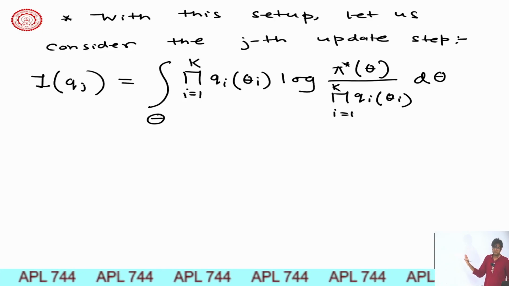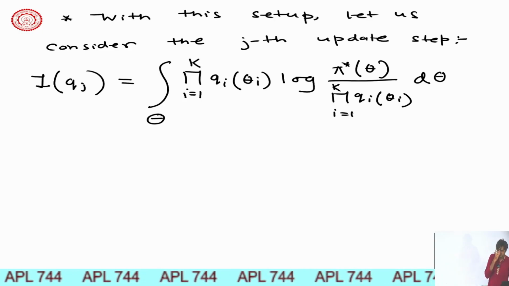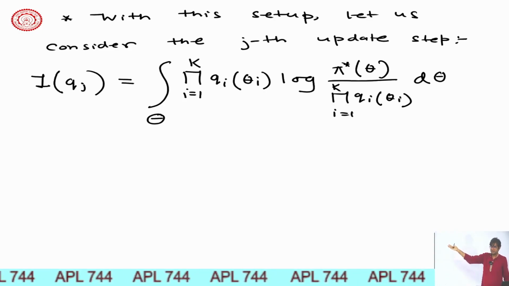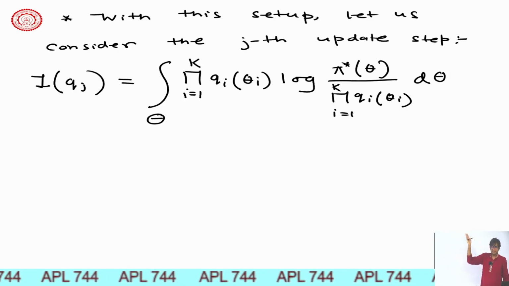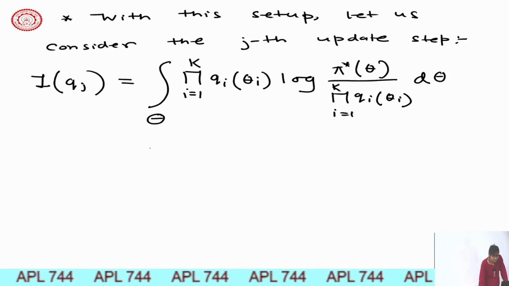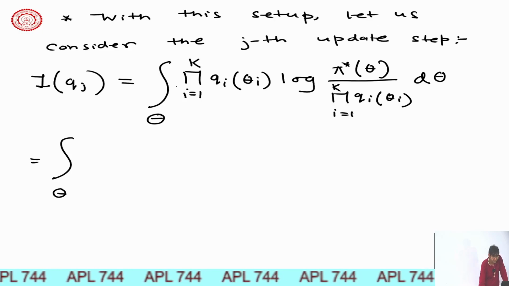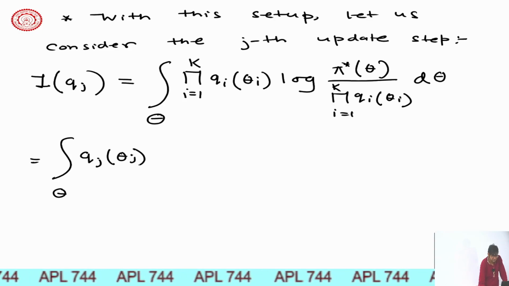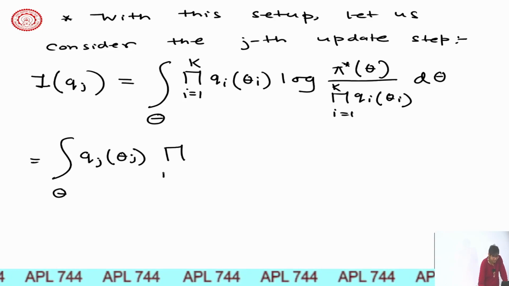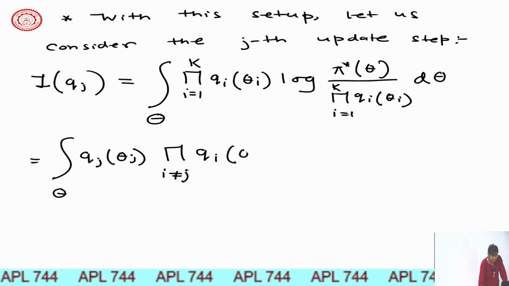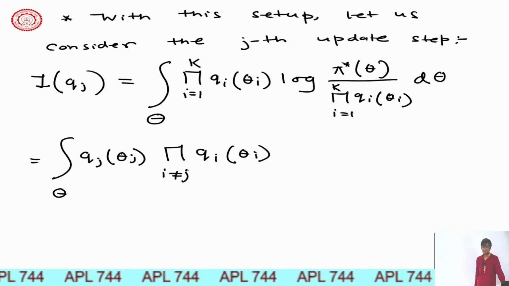Correct? Now remember that I am only interested in the jth component. So what will I do? I will separate out the jth component from the remaining k minus 1 components, right? That is what I will do. So this is equal to the integration, this product I will write as q of j theta j, and then the product i not equal to j of q of i theta i, right?